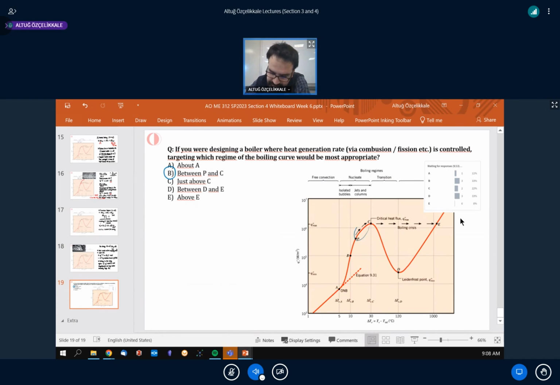This is the optimal regime. And this corresponds to the maximum convection heat transfer coefficient that you can get before achieving the maximum, this critical heat flux. Of course, you can get higher h's in the film boiling regime when you consider radiation together, but you don't want to be there for most applications.